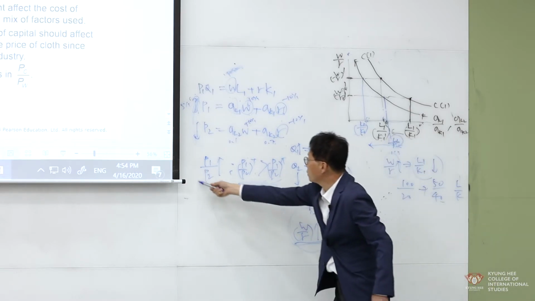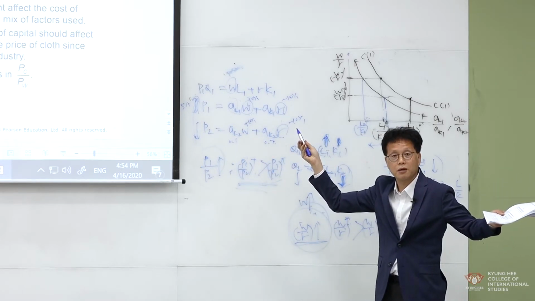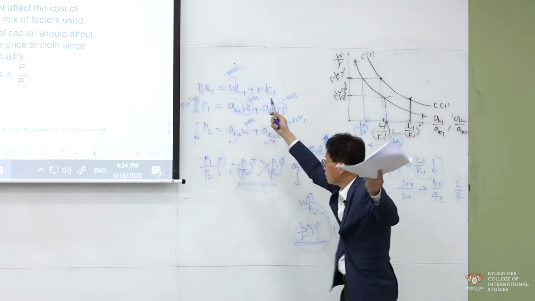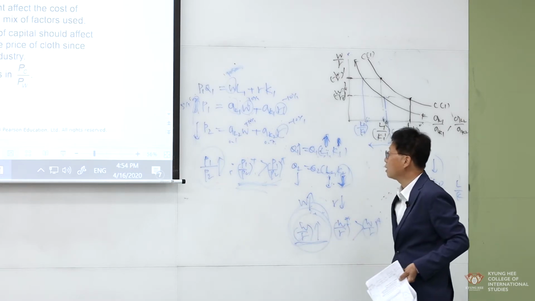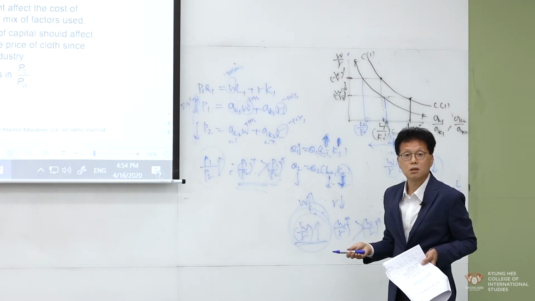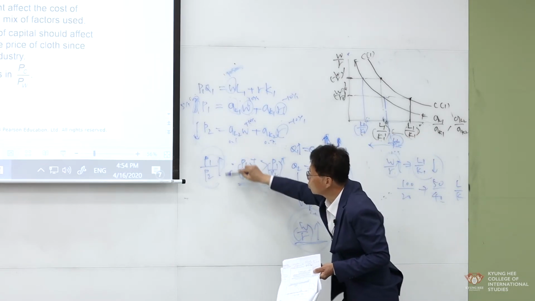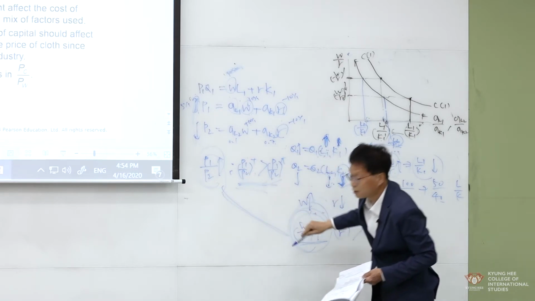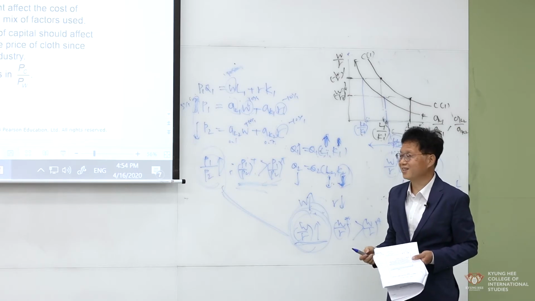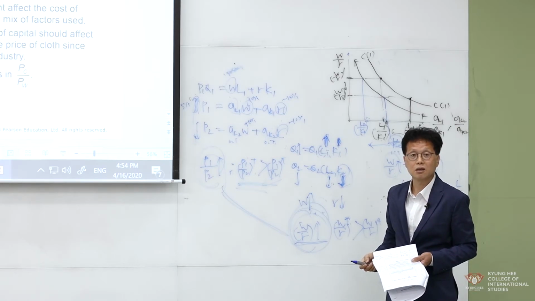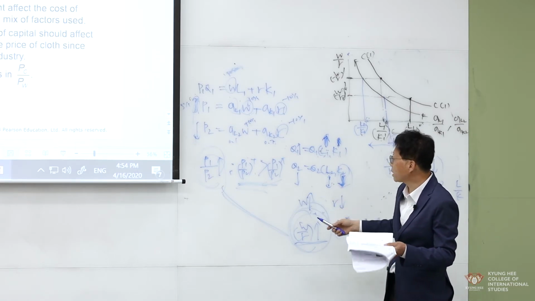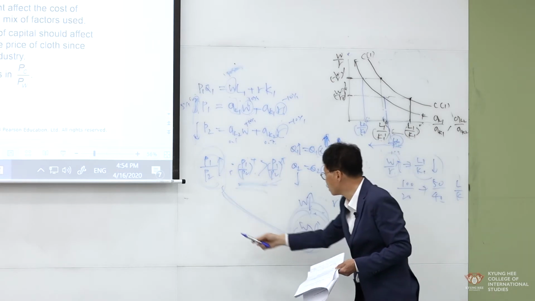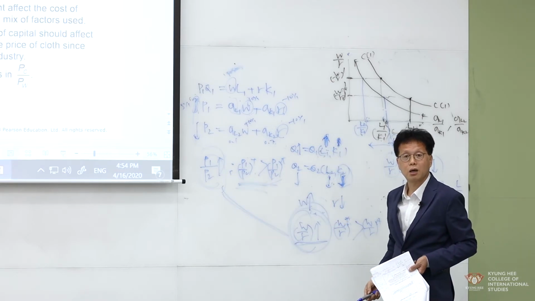Then P1 over P2 increases, and vice versa. Then W over R also increases. So relative goods price and relative factor price are tied tightly. Right? So there is a one-to-one positive relationship between P1 over P2 and W over R.